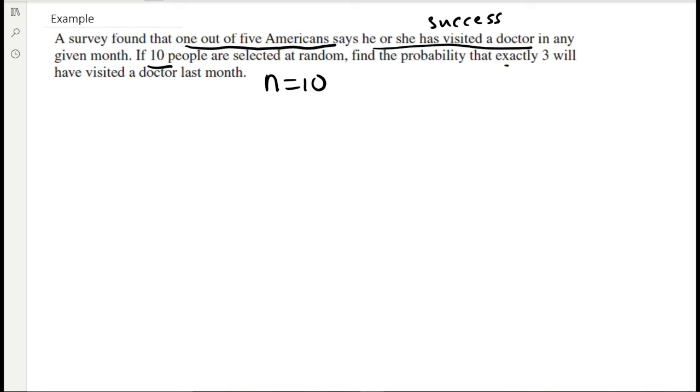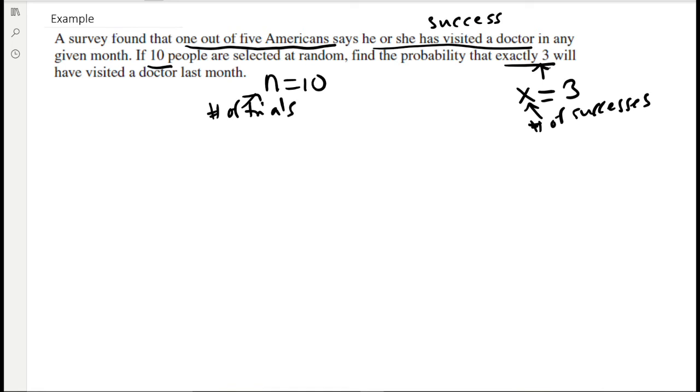Exactly 3 have visited a doctor last month, so what they're asking for is the number of successes. In this case, x is equal to 3. Again, remember that x is the number of successes, and n is the number of trials.